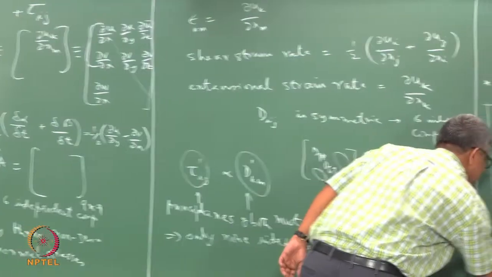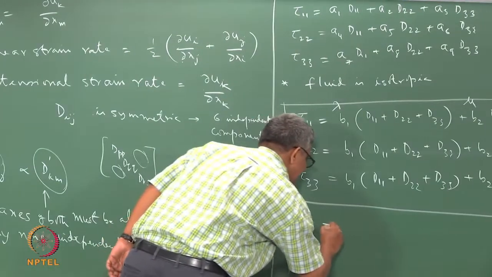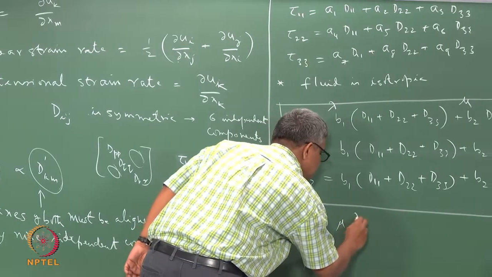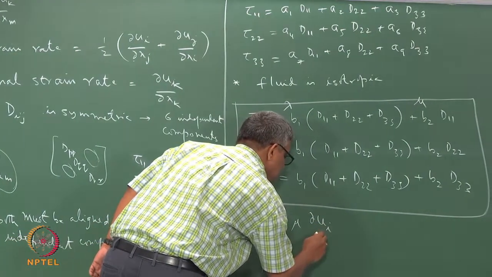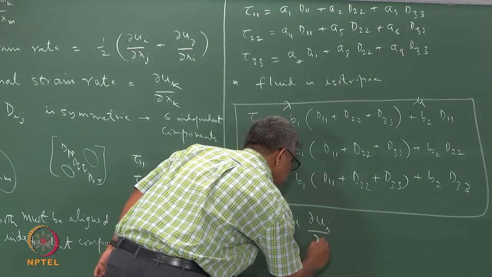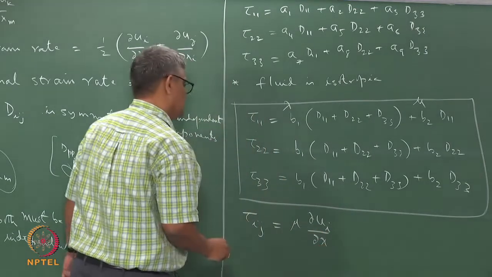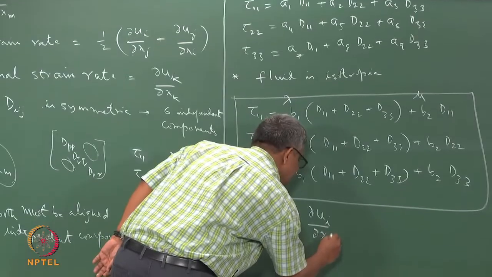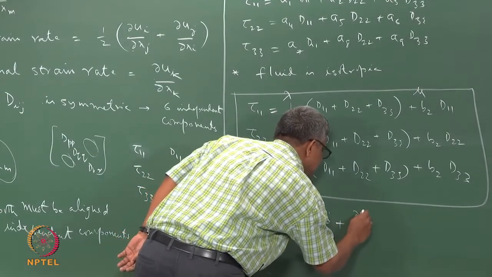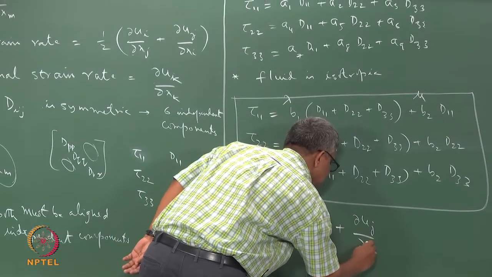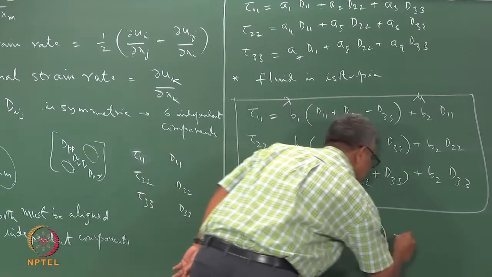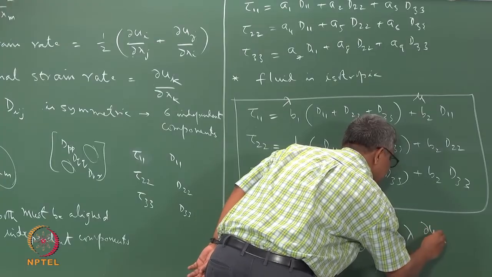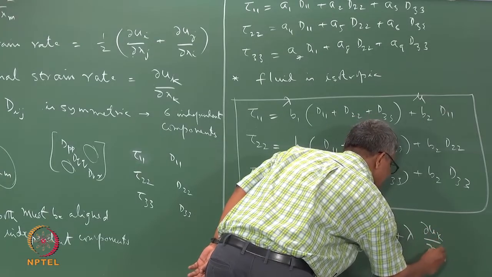it can be written as tau ij equal to mu times (dou ui by dou xj plus dou uj by dou xi) plus lambda times dou uk by dou xk times delta ij, the Kronecker delta function.